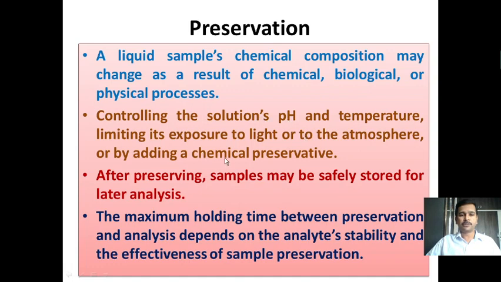Therefore, in order to avoid this, we need to add certain chemical preservatives, or sometimes the analytes themselves act as preservatives, provided the water sample is stored at a particular temperature and the temperature is set in such a way that all those components which are present in the sample do not undergo any transformation.